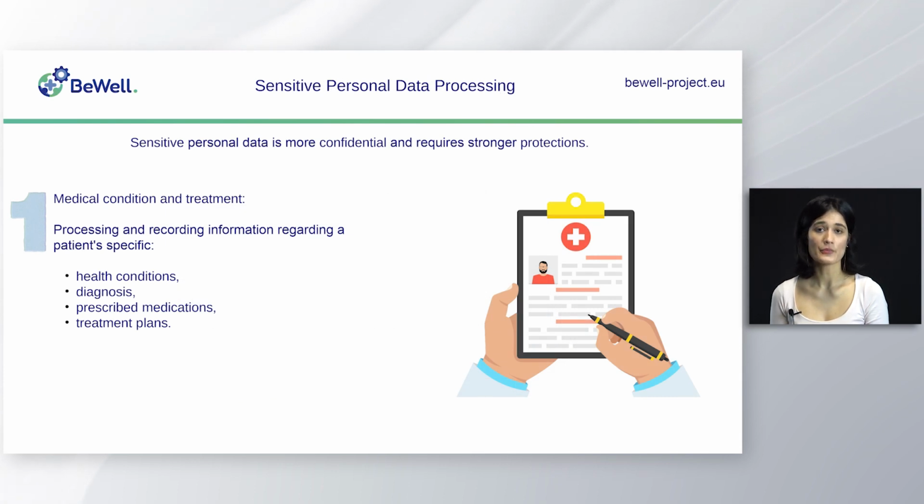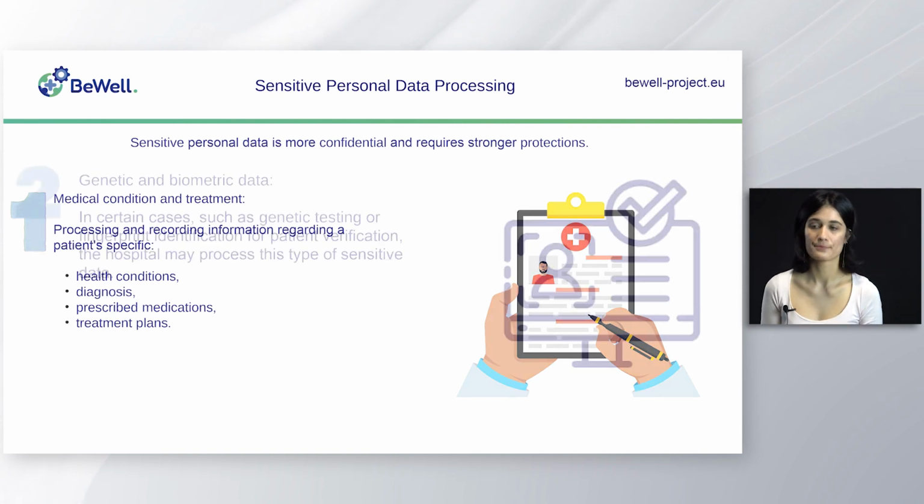Sensitive personal data processing. Sensitive personal data is more confidential and requires stronger protections. In the context of health services in a public hospital, sensitive personal data may include medical condition and treatment, the processing and recording information regarding a patient's specific health conditions, diagnosis, prescribed medications, and treatment plans.